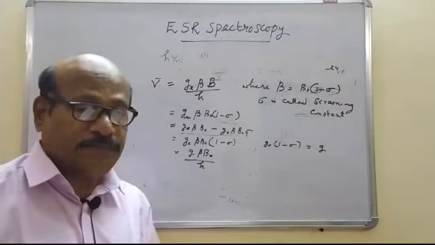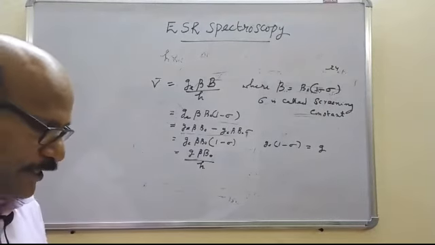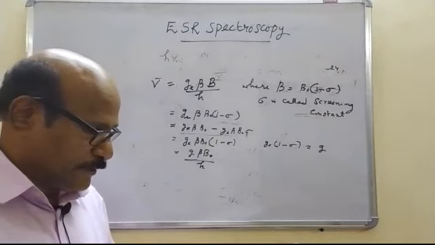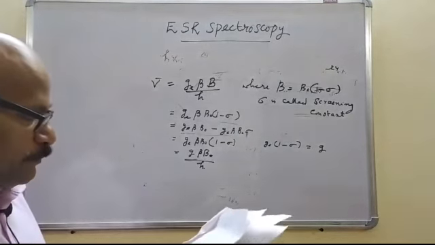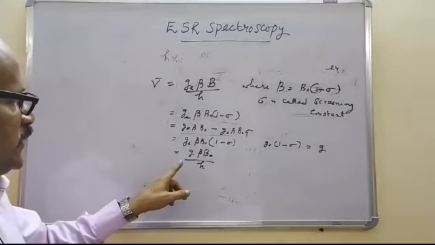Then only we can identify the molecular species. So this is called the g value.